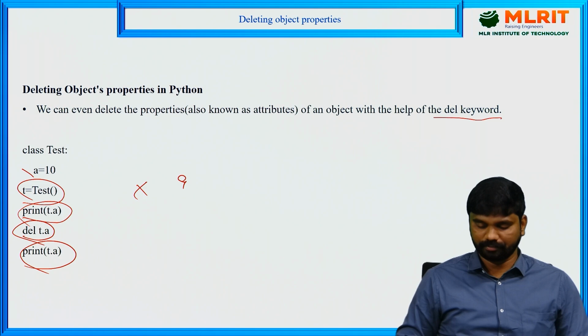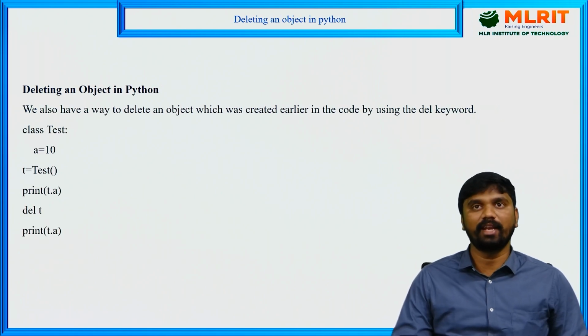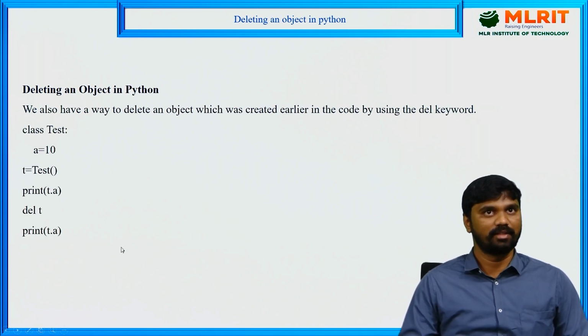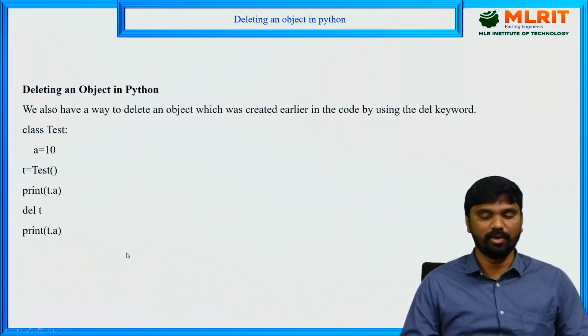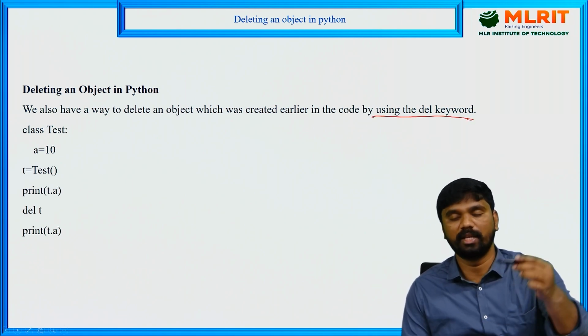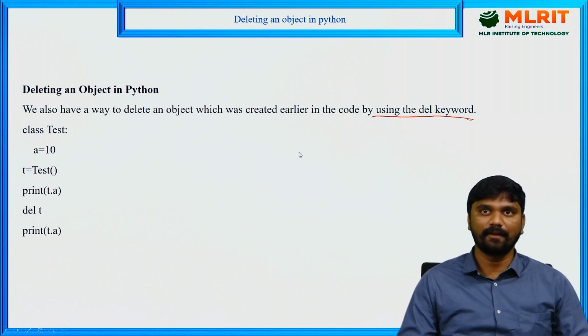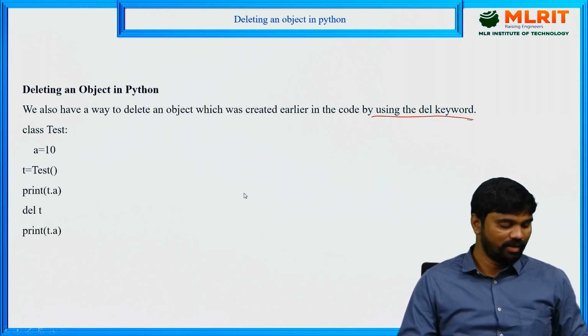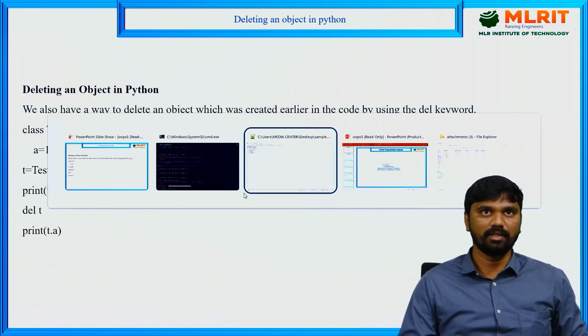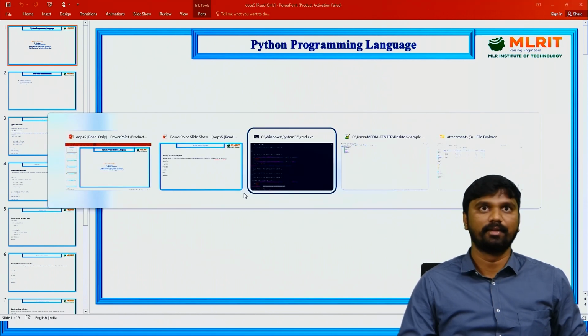Next, how can we delete an object in Python? The same thing, we can also delete an object by using the del keyword. By using the del keyword, right? Now see, let me show an example.